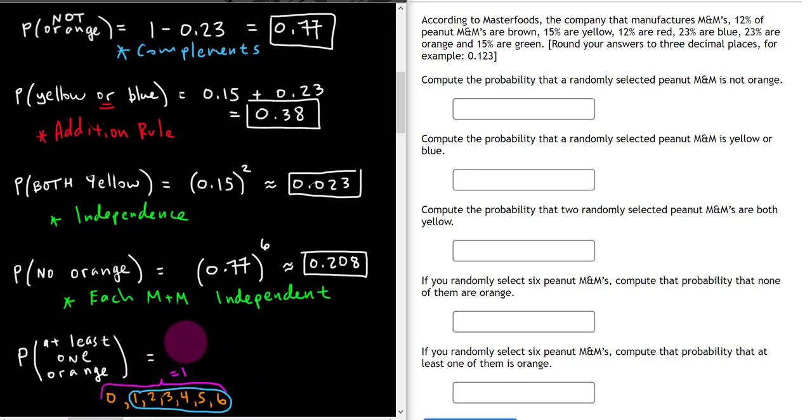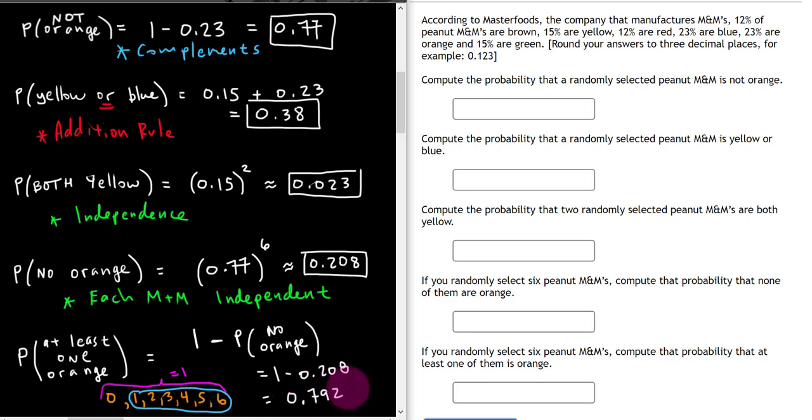And so to calculate this, we're going to use complements again, where we want all the probabilities except the probability of no orange out of 6 M&Ms. And boy howdy, look, we've already computed that up here. So this is going to be 1 minus 0.208, which is 0.792.